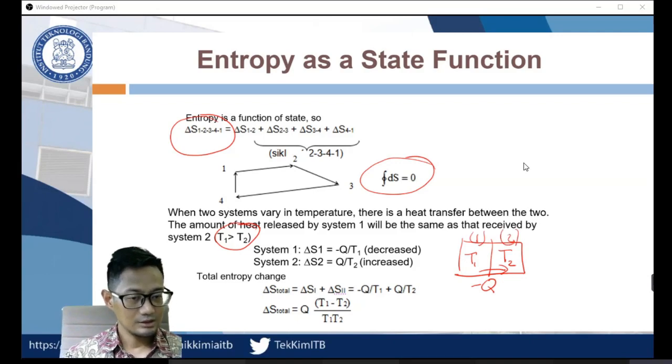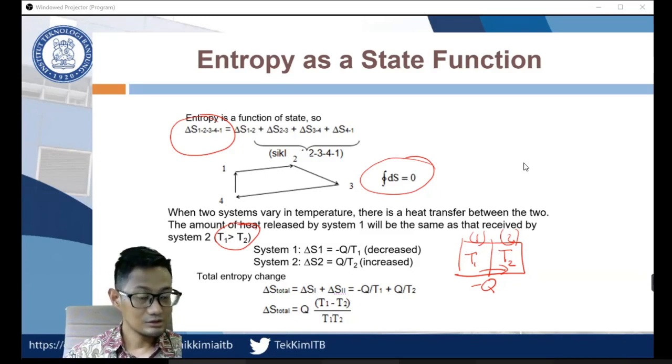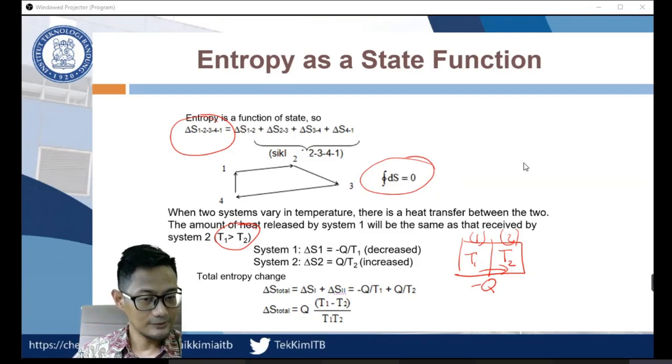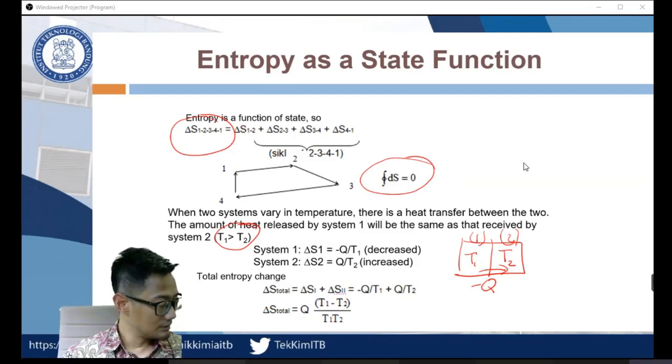In the opposite way, if we check from system number 2, it means the heat is absorbed by system number 2. So instead of minus Q, if we check from number 2, it will be positive. So please be aware of this.